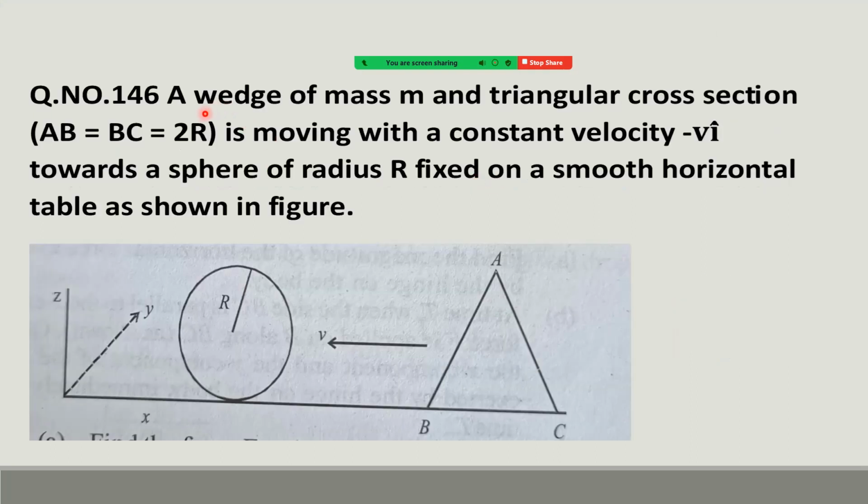See the question given. A wedge of mass m and triangular cross section, AB equal to BC equal to R, is moving with a constant velocity minus V i cap towards a sphere of radius R fixed on a smooth horizontal table as shown in figure.